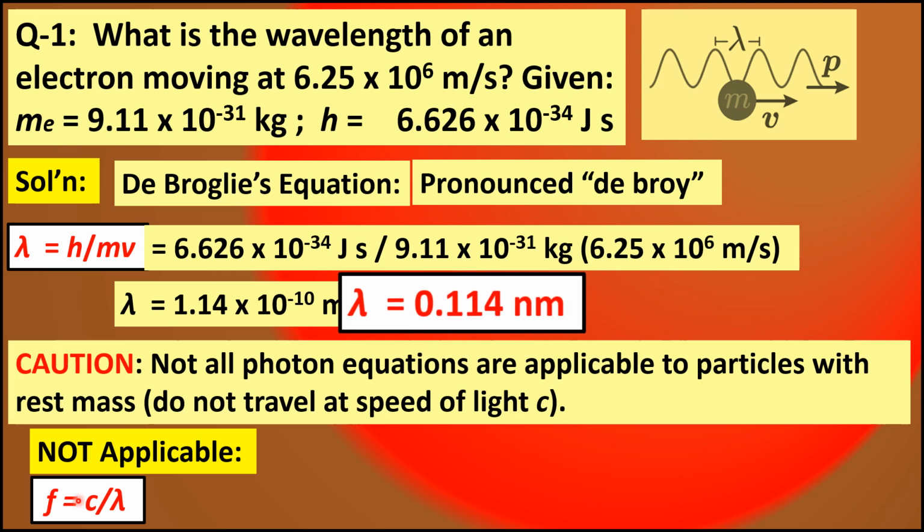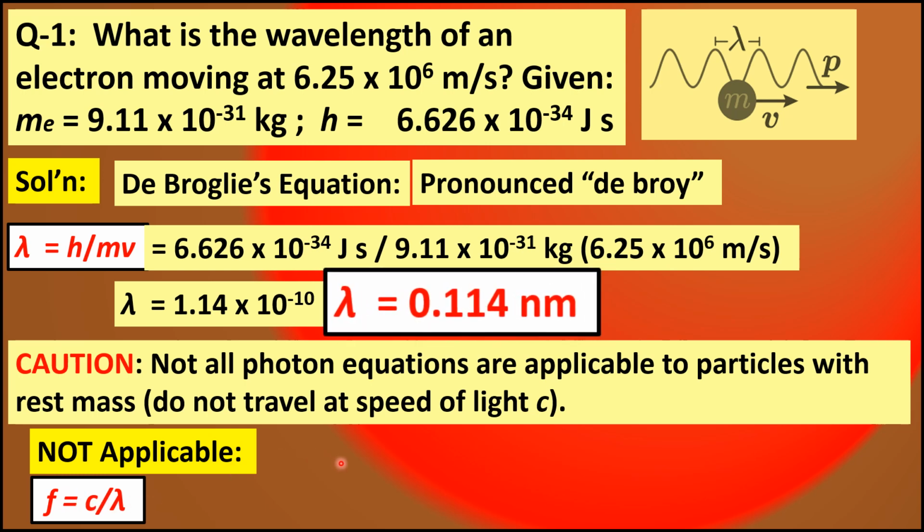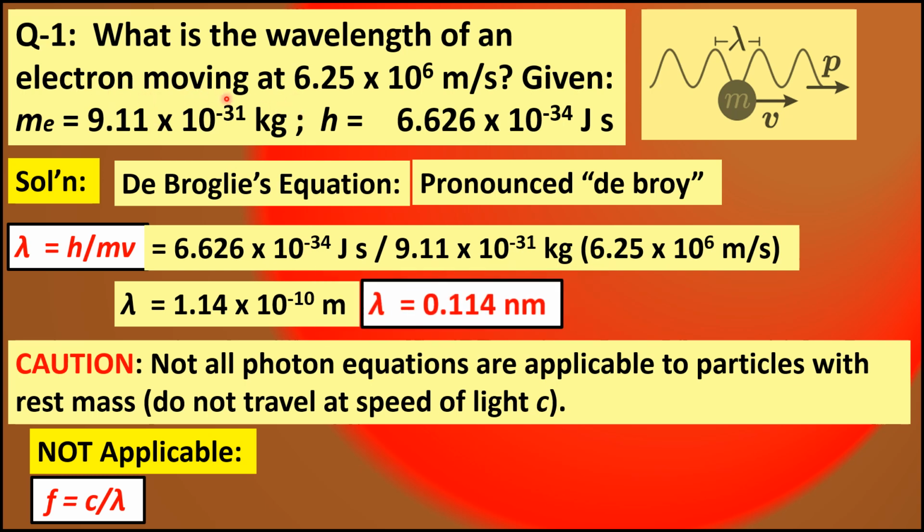That's why this is called the frequency of a photon. But this doesn't apply to particles like what we are considering here. The electron is moving at a speed much lower than the speed of light.